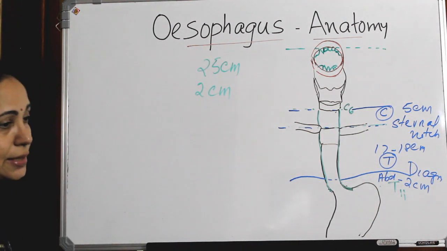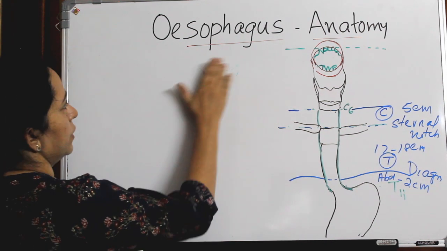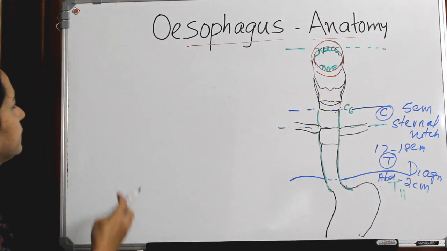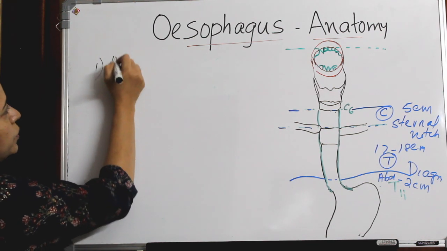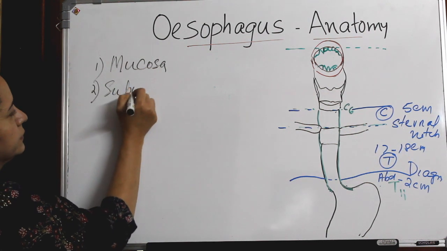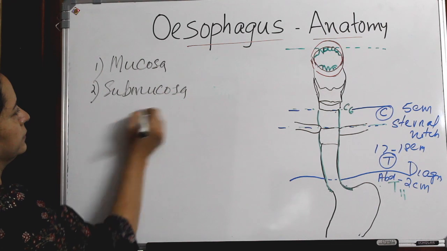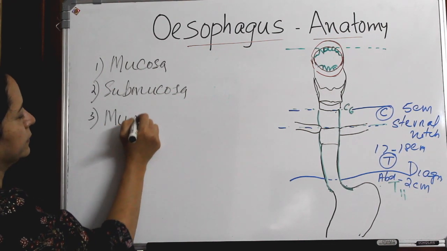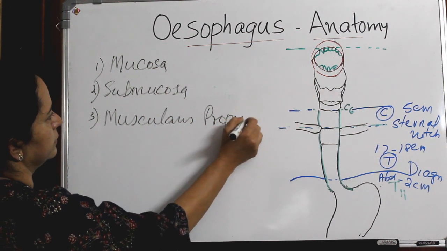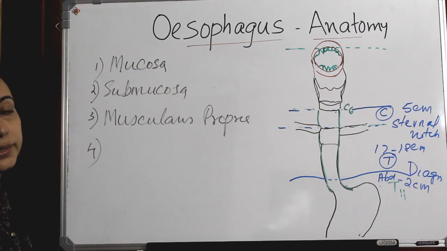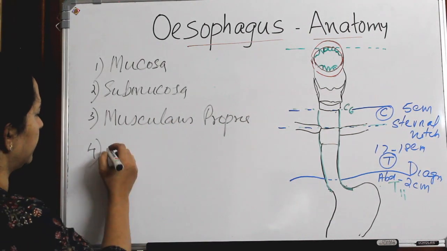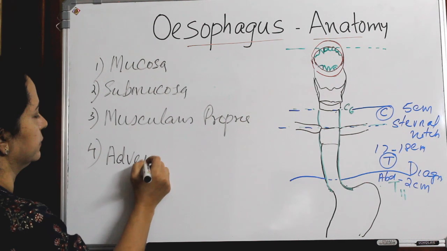So what are the structures or layers of the esophagus? That is important at the time of dissection during myotomy. We have a mucosa, then submucosa, then a muscularis propria, and the fourth layer is usually serosa, but here the esophagus lacks serosa, and instead we have an adventitia.